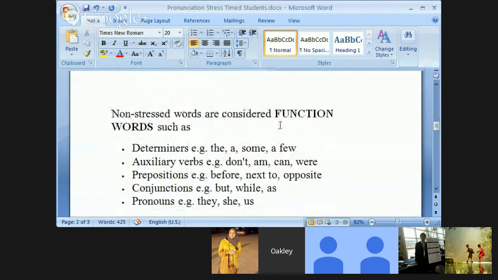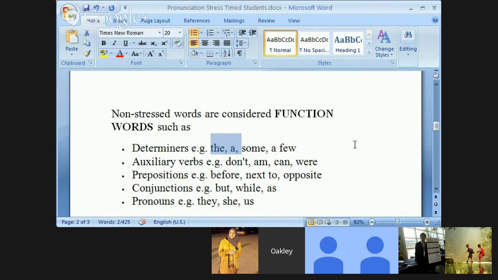Non-stressed words or function words. These are all the words that you have to learn for grammar. The connecting words, the words that glue the real idea or the content words together. We have other determiners, including articles, the, and.